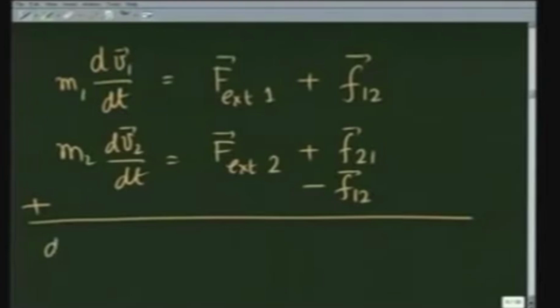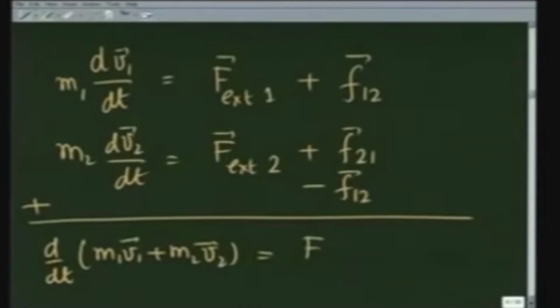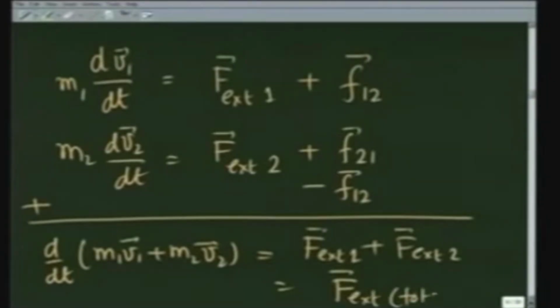If I add the two equations, I again get that d/dt of (m1 v1 plus m2 v2) is equal to F external 1 plus F external 2, which is the total force applied on the system.